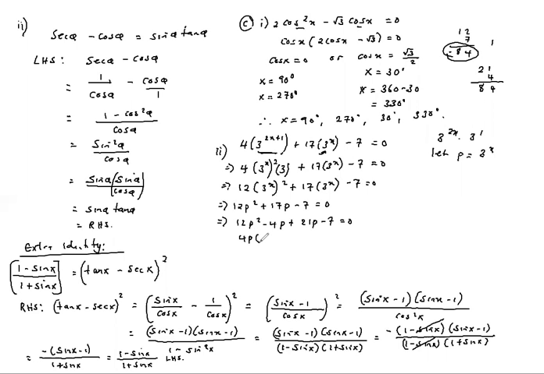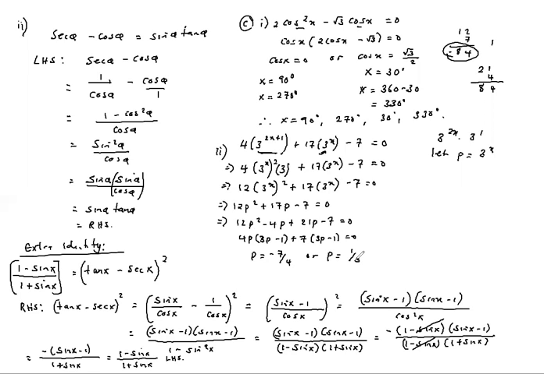And then pull out 4p, you have 3p minus 1 plus 7 times 3p minus 1 is 0. So p is negative 7 over 4, or p is 1 over 3.